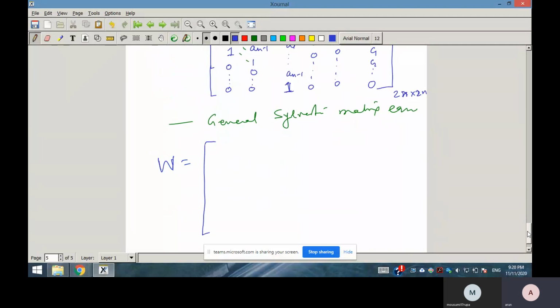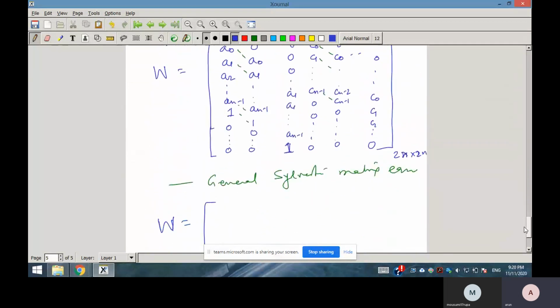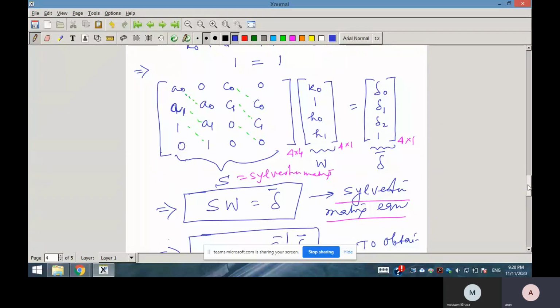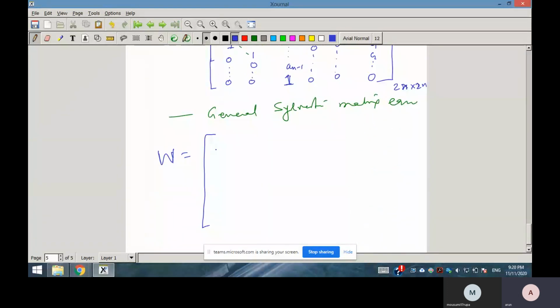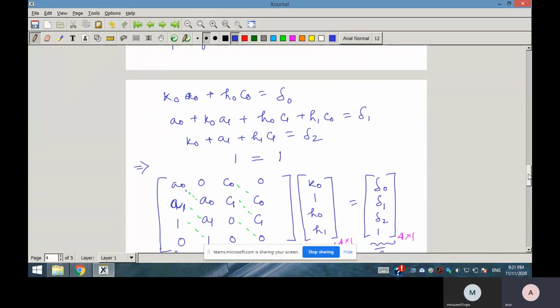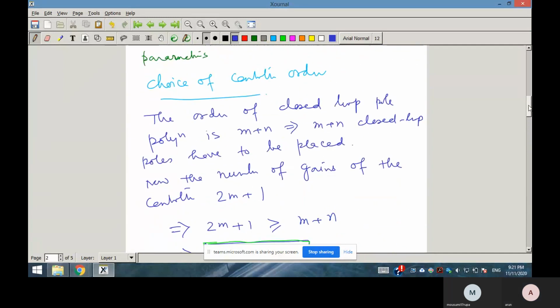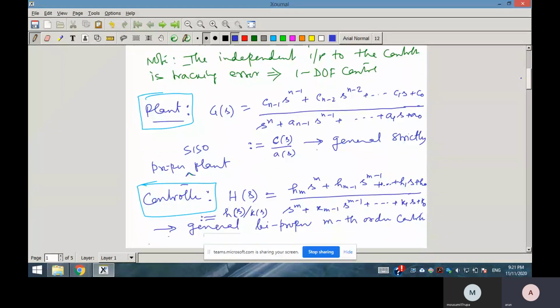So what are the controller coefficients now? There it started from k0 to k1 and h0 to h1. So here it will start from k0, k1, k2 up to kn minus 1, and then kn minus 1 is equal to 1, of course. Here m equal to n minus 1, so kn minus 2 and then the coefficient 1.